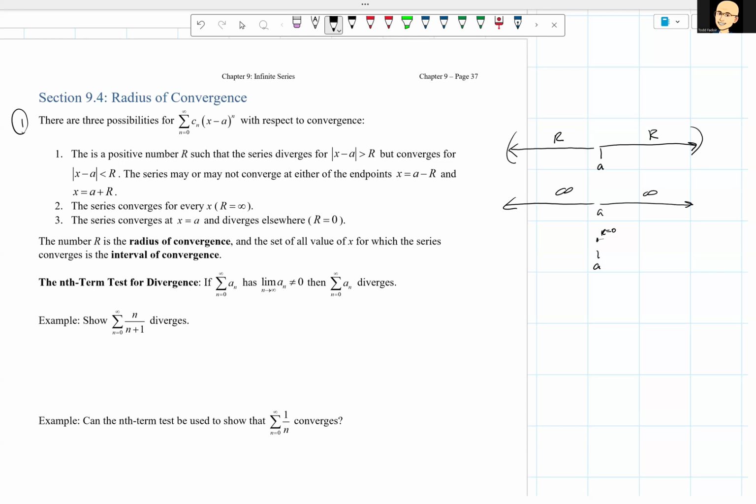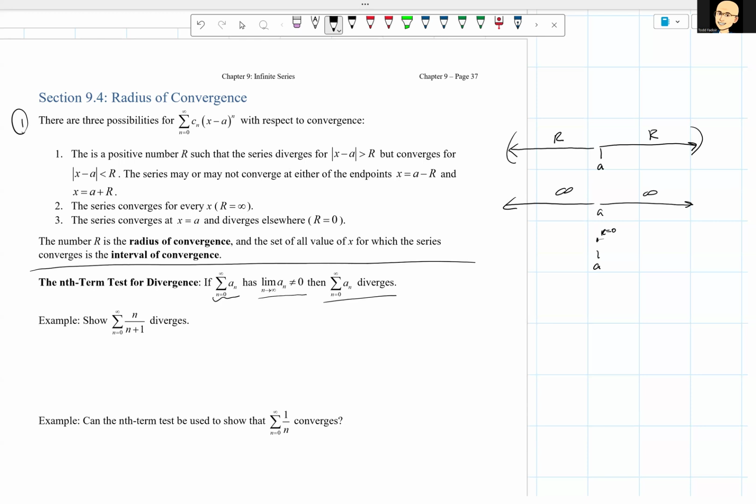All right. Item number two. This is something that we talked about earlier, and that is the nth term test. A reminder that if we encounter a series and the limit of the nth term is anything but zero, then we say the series diverges.